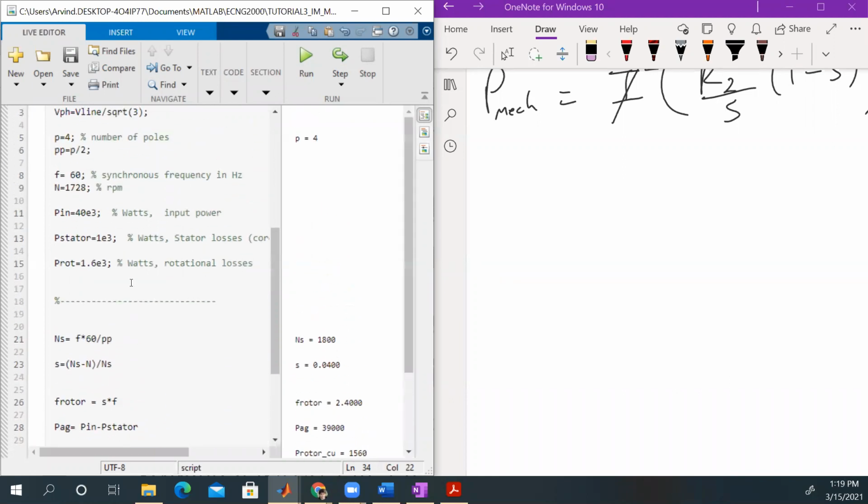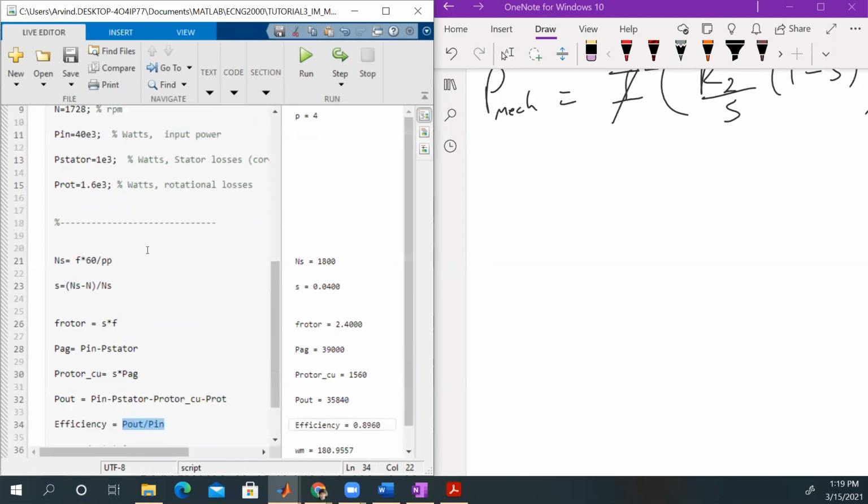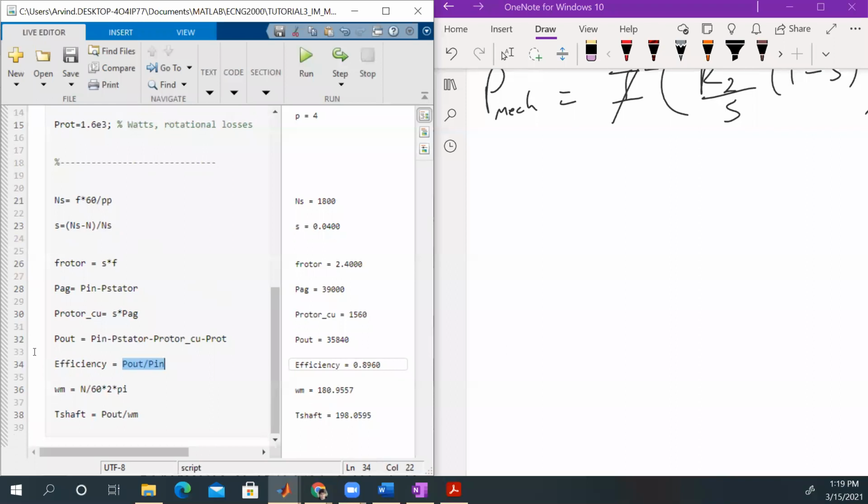We were given the stator losses and the rotational losses. ROT is for rotational, not for rotor, right? So we had to find the rotor copper losses.